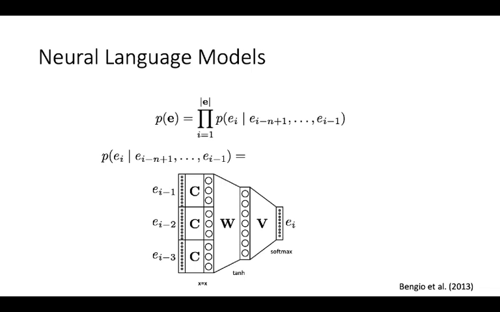For example, for a character n-gram model, we can use a convolution layer to extract the word representation for this word, and then use the weight matrix in between to have a fully connected layer, and we learn a higher level representation for this input.